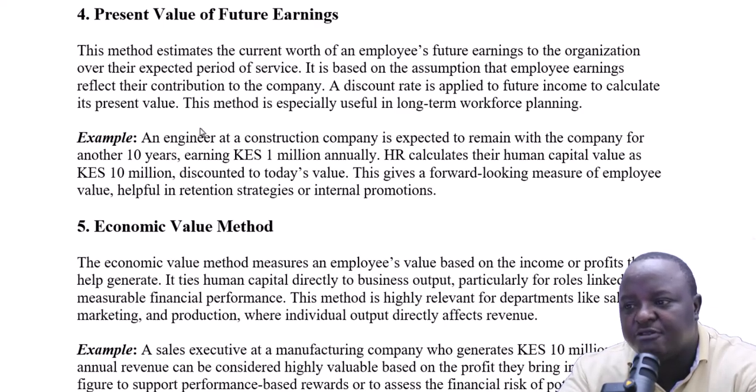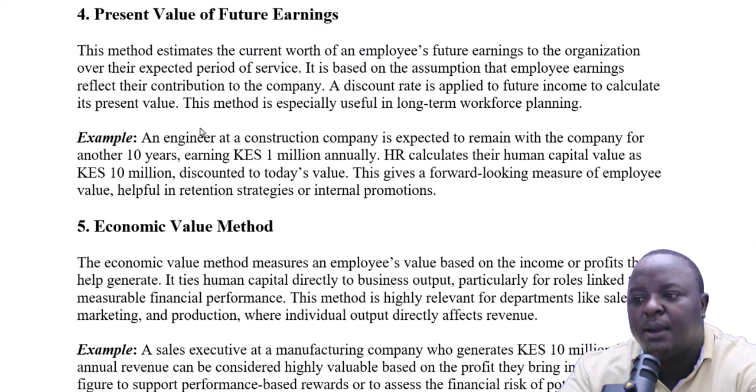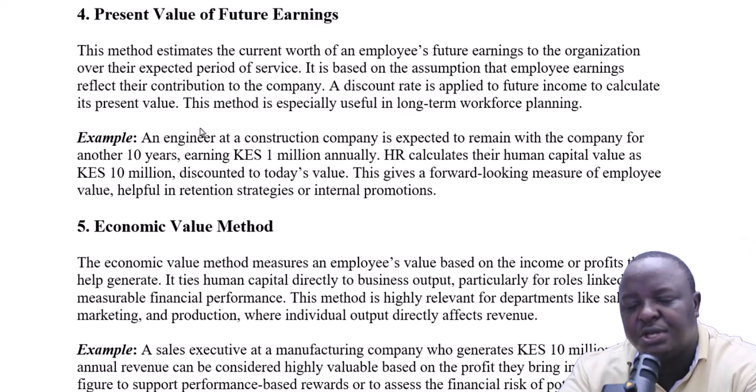The present value of future earnings method estimates the current worth of an employee's future earnings to the organization over their period of service. It is based on the assumption that employees' earnings reflect their contribution to the company. A discount rate is applied to future income to calculate the present value, and this method is especially useful in long-term workforce planning.